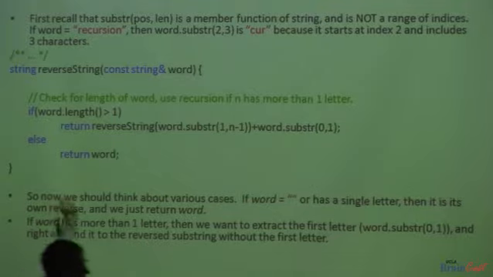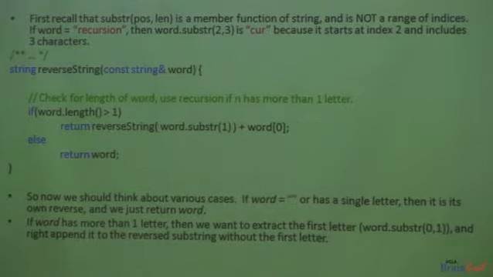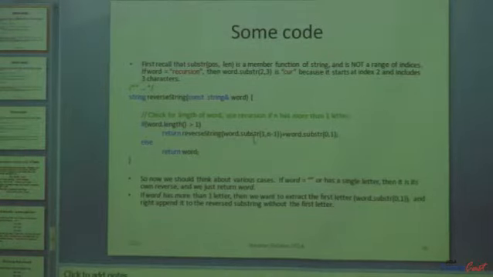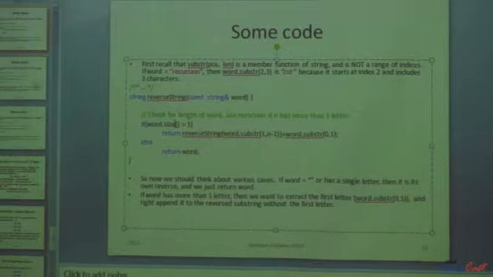Now, I should change length to size. I don't like length very much, so I'm going to change it to size. I like size better because both vector and strings have a size function, but only string has a length function.